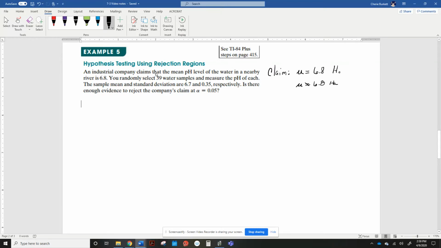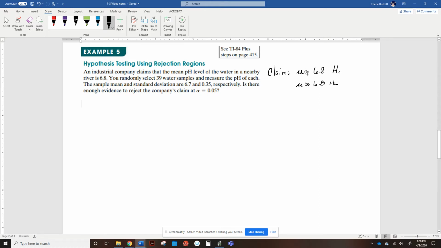All right, so this last example that I'm going to work is going to be where I use the calculator. I read the problem. An industrial company claims that the mean pH level of the water in a nearby river is 6.8. So the mean is 6.8.